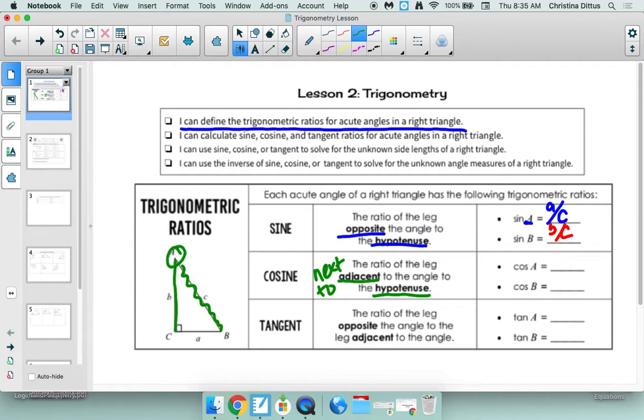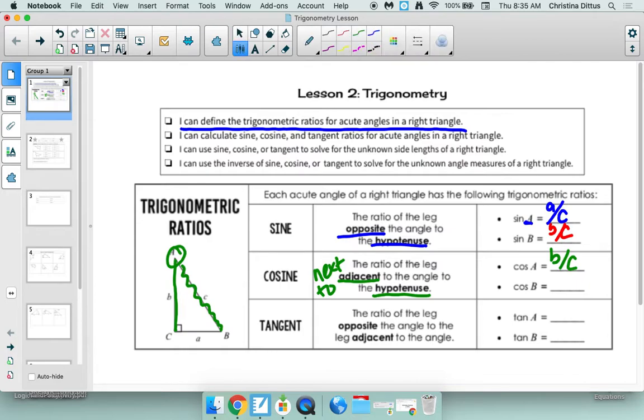It's super important that you always pick out your hypotenuse, because the hypotenuse is also like an adjacent. It's next to our angle, but it always has a special term. So to find the cosine of A, it's just that little side B divided by the side C. So it's this adjacent B over the hypotenuse C.